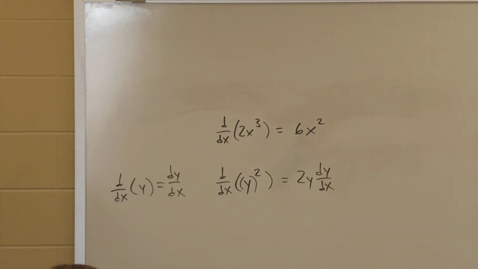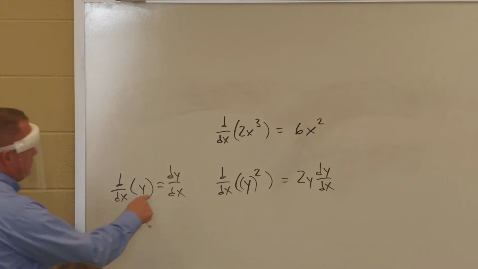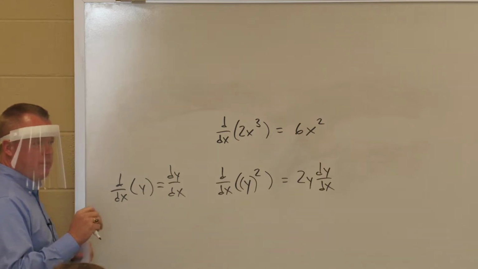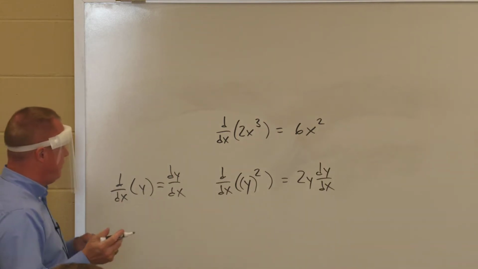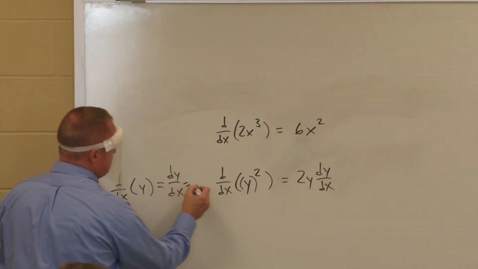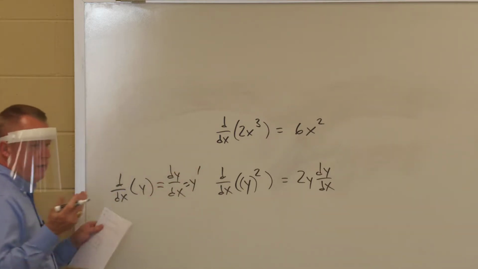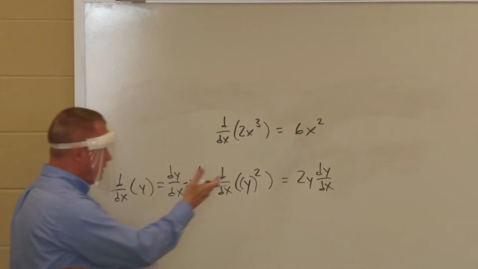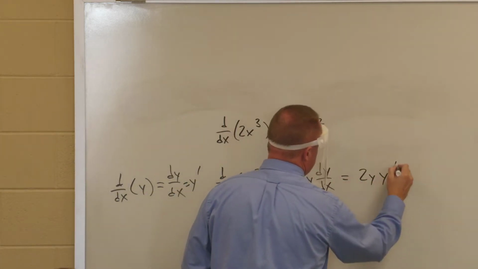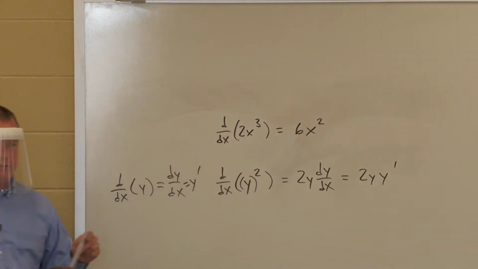It's just chain rule is all it is. Now, the notation, you can use either this dy dx notation, or that is the same thing as y prime. This you could write like this, or you could write 2y times y prime. They're the same thing. Okay?